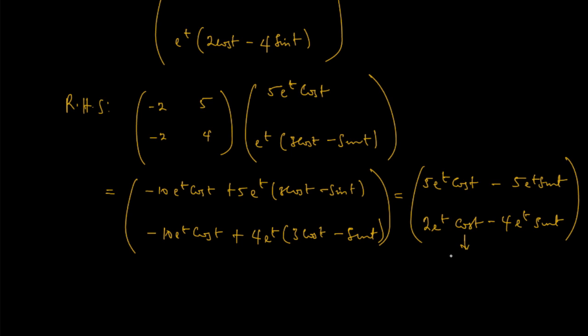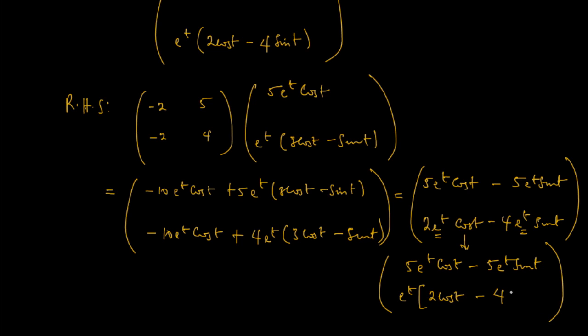Now this is the same thing as 5e^t cos t minus 5e^t sin t, so we could bring out e^t out here, so we would have e^t times (2 cos t minus 4 sin t).